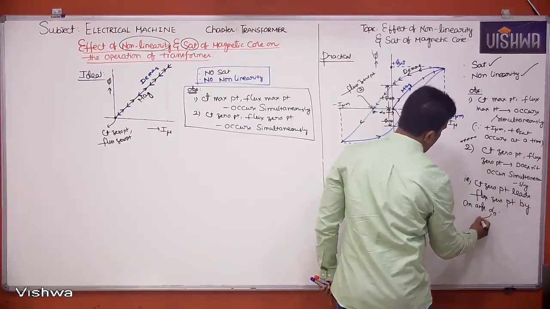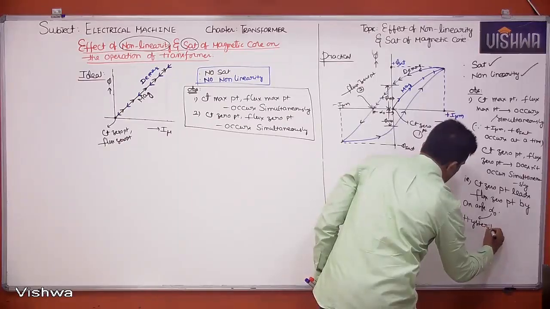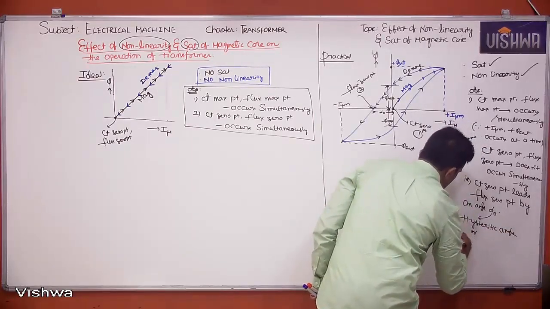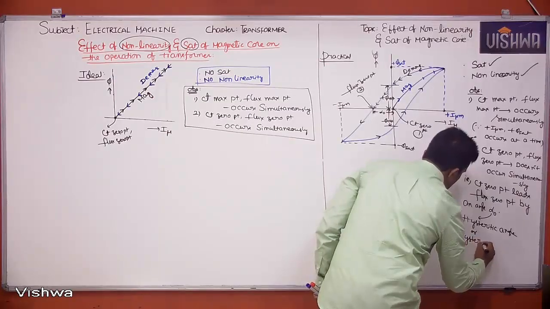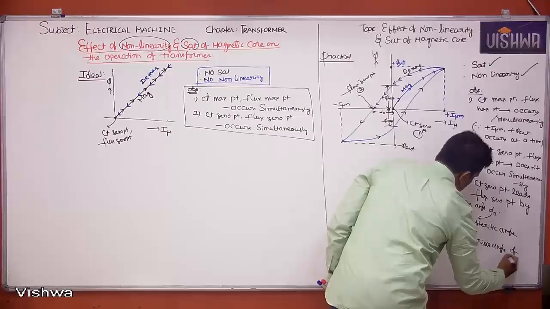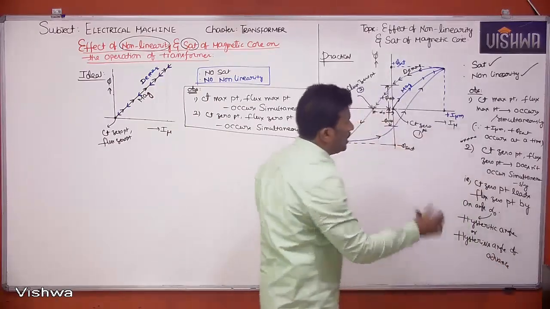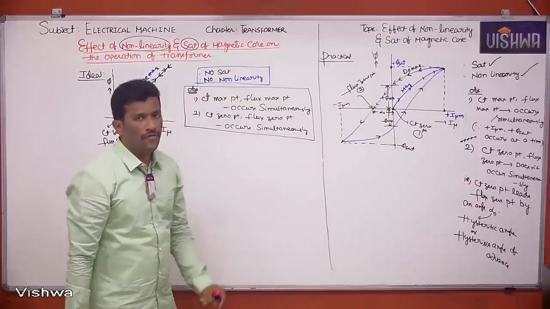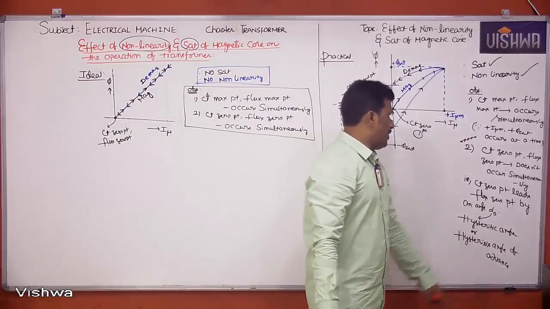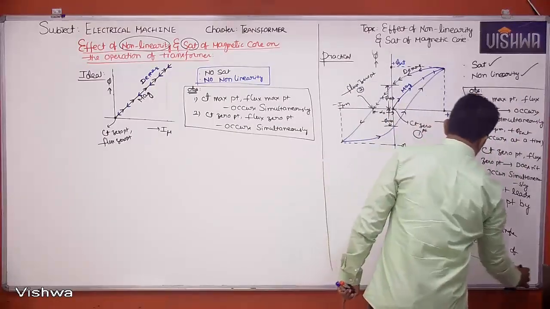This alpha naught can be called the hysteretic angle, or I can say hysteresis angle of advance. It is current 0 point advancing flux 0 point by an angle of alpha naught. That's why it has been given the name hysteresis angle of advance. Okay, these are observations for the practical case.